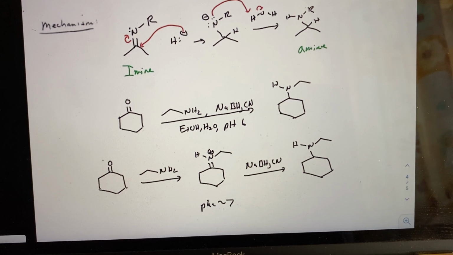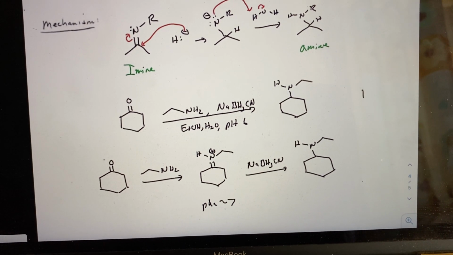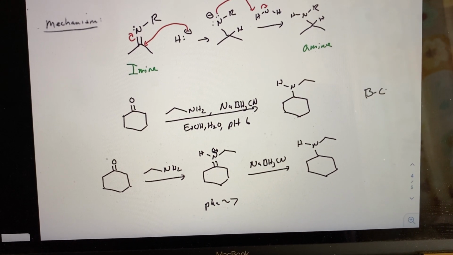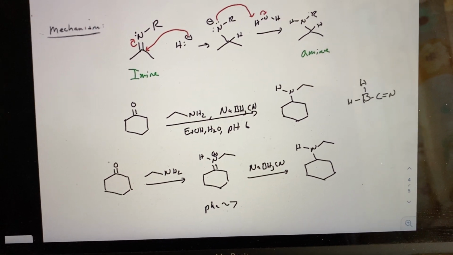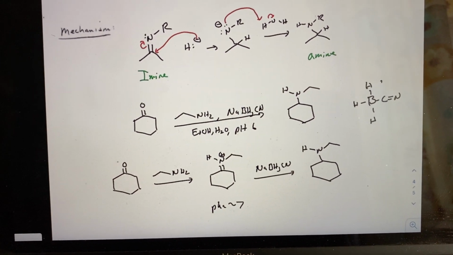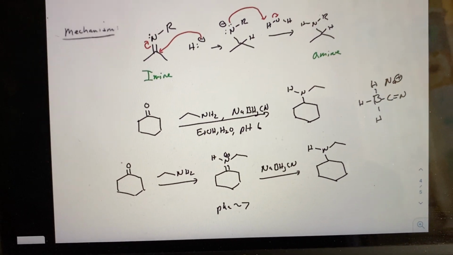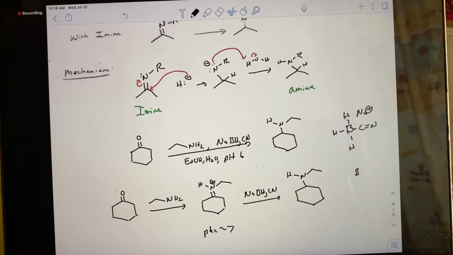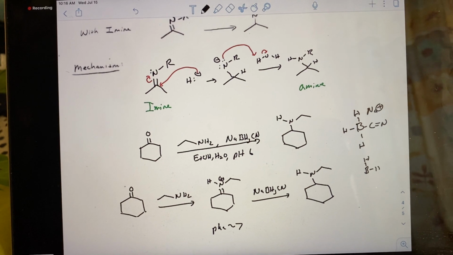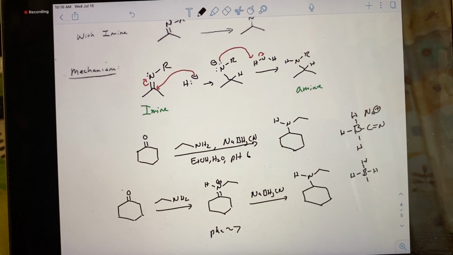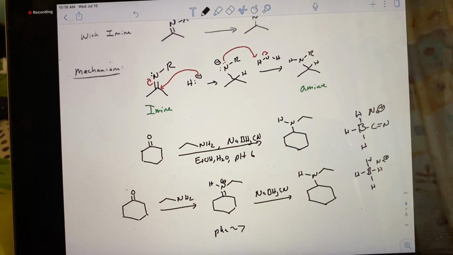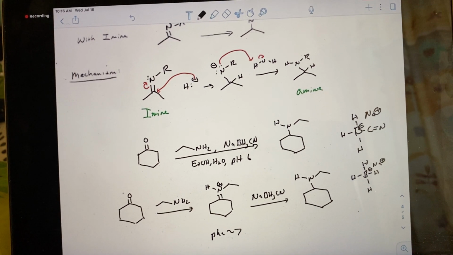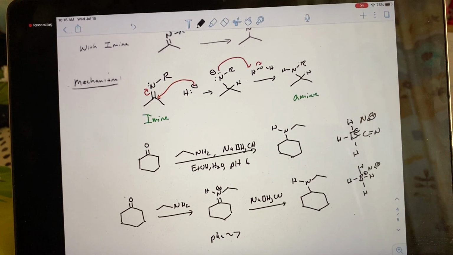But what ends up happening is this sodium cyanoborohydride looks just like what we've already seen, sodium borohydride. Both the borons have a negative formal charge. Sorry, there should be a triple bond.